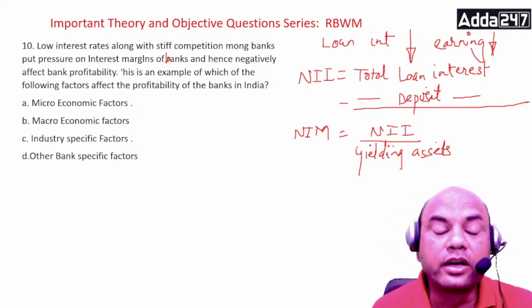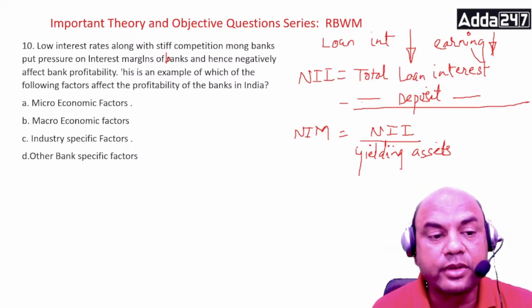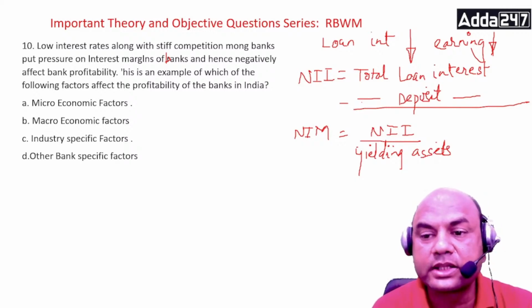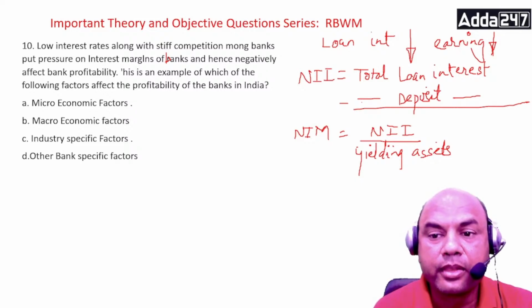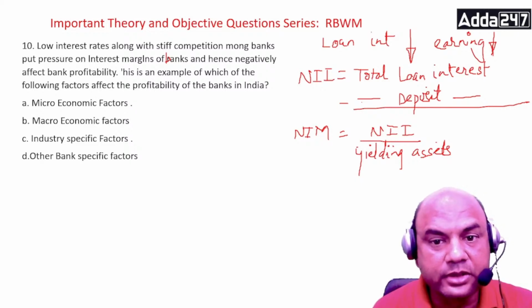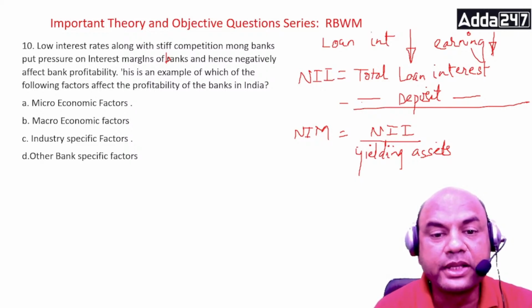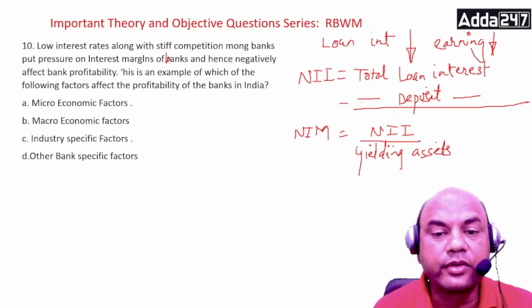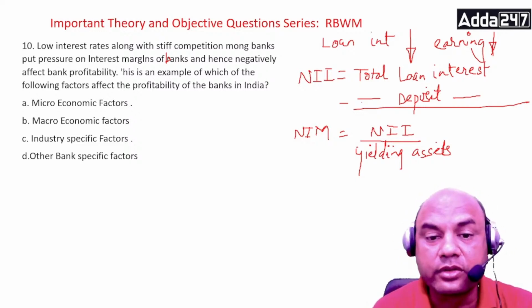So here look at this, which of them is the option? Many of you might be thinking that all of them are correct because all are affecting the bank, right? But here there's no choice of all of the above. If there is no choice of all of the above, what does it mean? It means that we have to choose between them. Look at the first sentence.